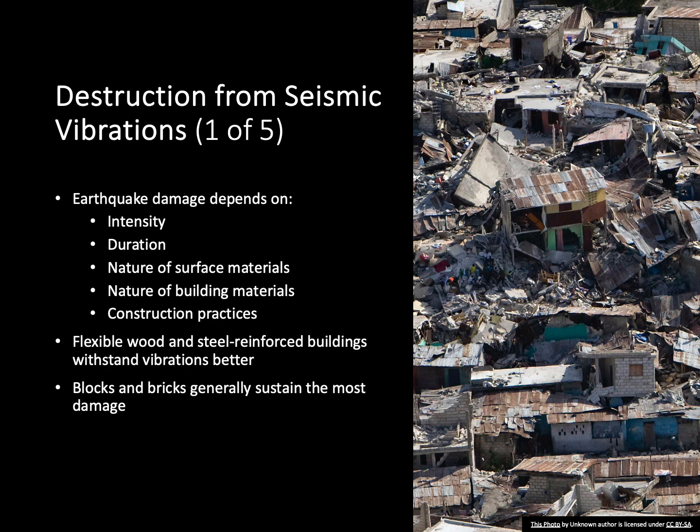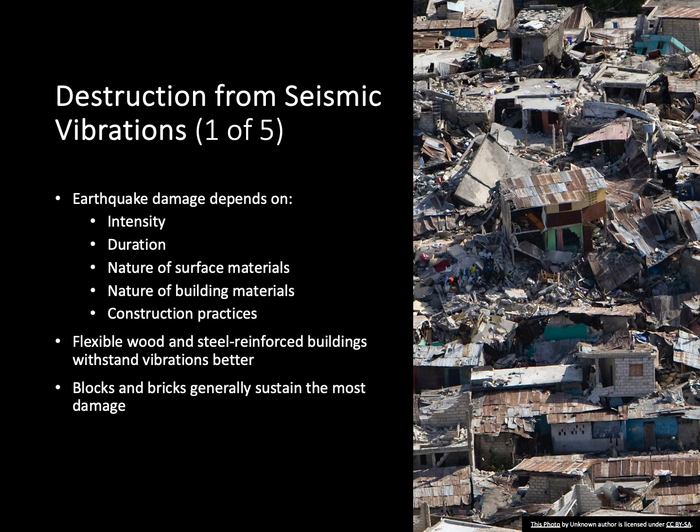It sounds a little counterintuitive, but if we live in an area with a lot of earthquakes, we want to build so that our buildings and our surfaces shake with the earthquake. If they try to resist the shaking, they're going to break. So if we can build our houses and our bridges and our roads so that they shake, there's going to be less damage than if they're really rigid material that will break and cause destruction.